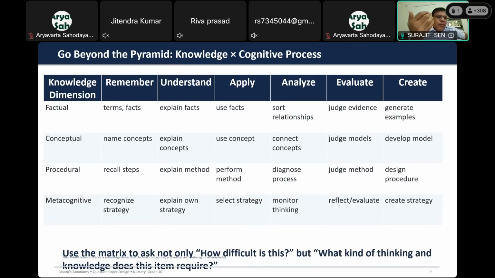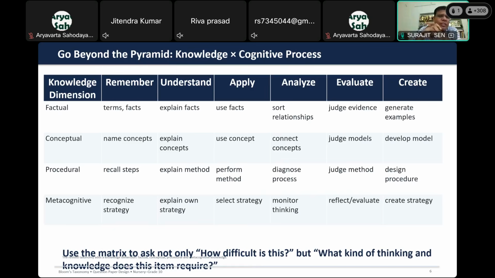Let's take, for example, if we want to go for the factual understandings, then in case of the remember part of learning, we can just ask questions on terms and facts. For understanding, we can ask them to explain those facts. We can also ask the student to use these facts at different levels of understanding. We can also ask them to find out the relationship when they break down the matter and try to join and rejoin it.